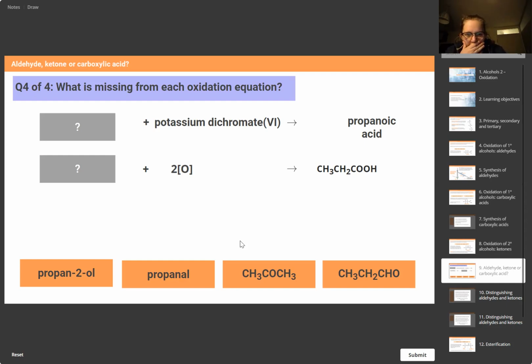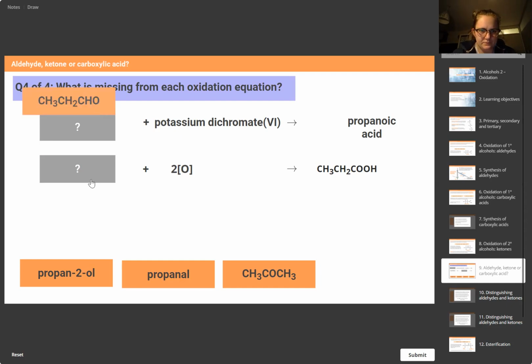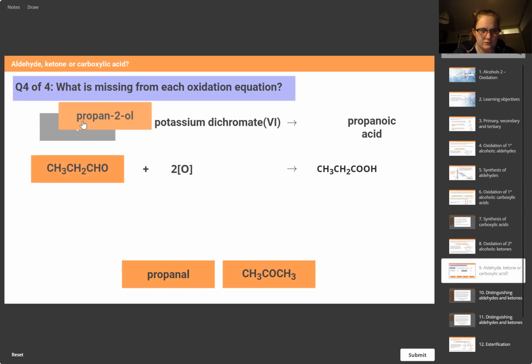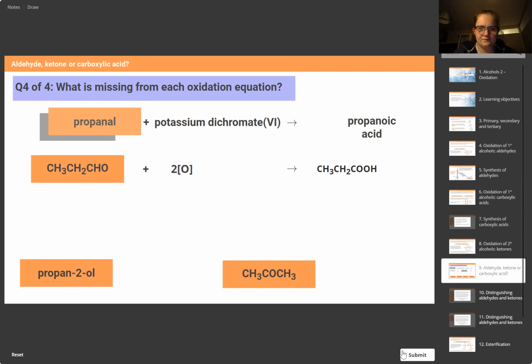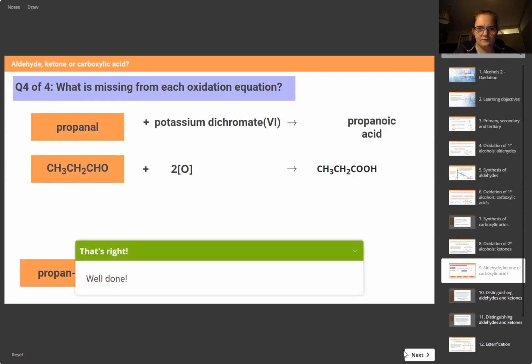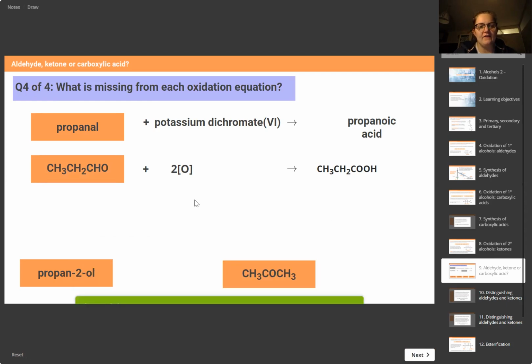We'll have a quick look. That can't be an aldehyde because that CO isn't on the end. That one is. So what they've done there is they've shown that second part of the oxidation, the second part of the reflux that's going to happen.